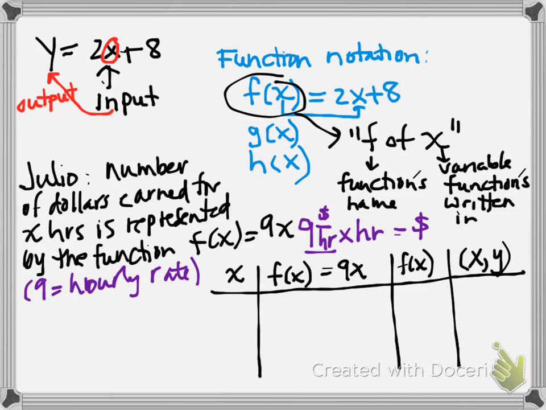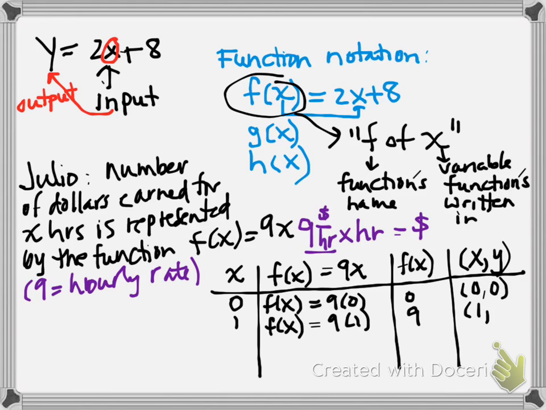If he doesn't work at all, guess how much money he makes? He gets nothing. Poor guy. If he works 1 hour, he makes $9. If he works 2 hours, he makes $18. So what is not changing throughout this entire work schedule?